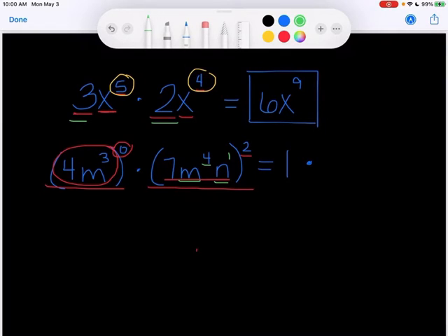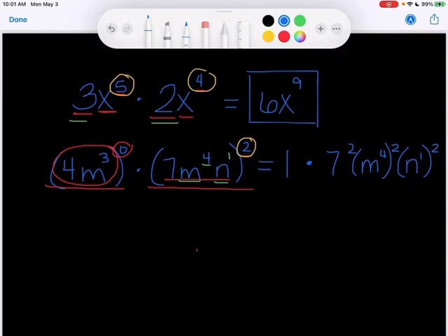So we're going to go ahead and deal with this power here. Now, when anything is in parentheses raised to a power, everything needs to be raised to that. So that 7 needs to be squared. Okay. That m to the 4th needs to be squared. I'm going to write it like this, m to the 4th squared. And that n to the 1st also needs to be squared.